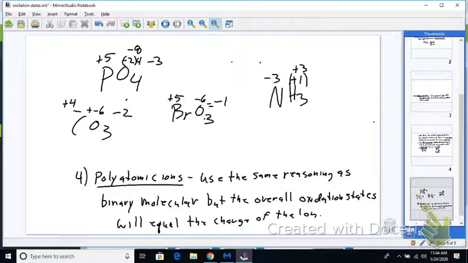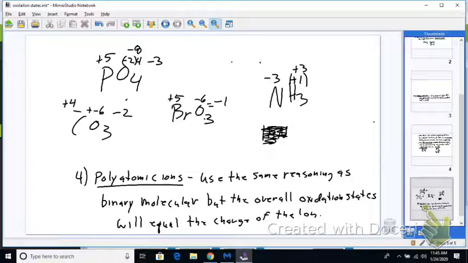Why do you think they don't put H3 in front? Normally when we have H in front it's positive. What does that tell you about that substance? It's an acid, but ammonia is a base. So they don't put the H in front because then they would think that's an acid, and ammonia is basic. Okay?